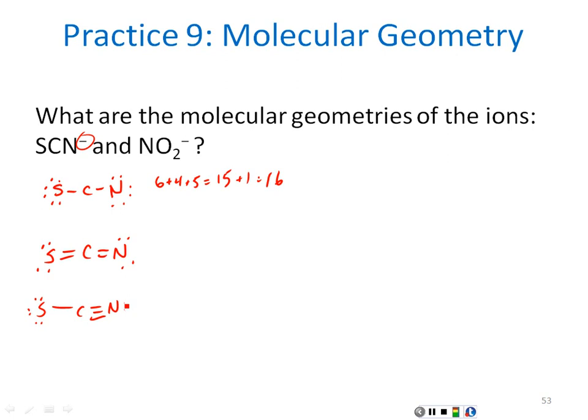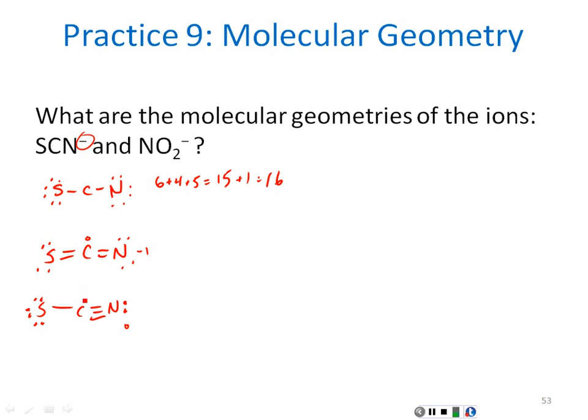So if we had to choose between these two, we'd really need to look at the formal charges. Nitrogen, in the top case, will have a formal charge of -1, and in the bottom case, the formal charge would be 0.